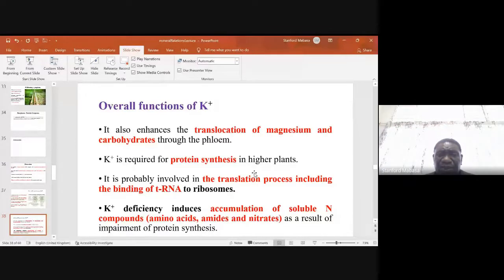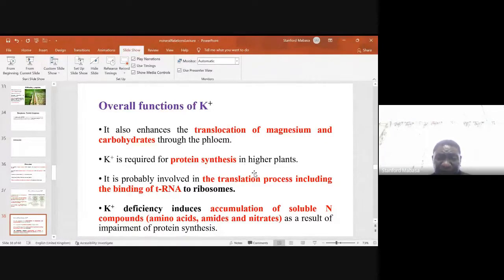Now, potassium is also involved in the translocation of magnesium and the carbohydrates through the phloem. It is also involved in protein synthesis. Now, it is also involved in the translation process, including the binding of tRNA to the ribosomes, probably during protein synthesis. You may probably have more information on it.